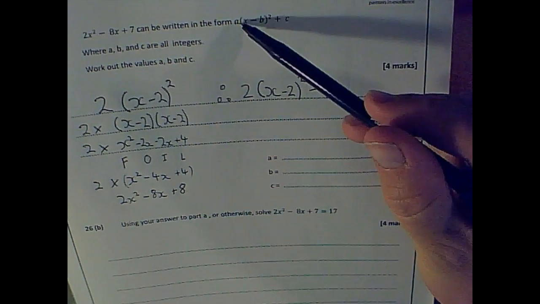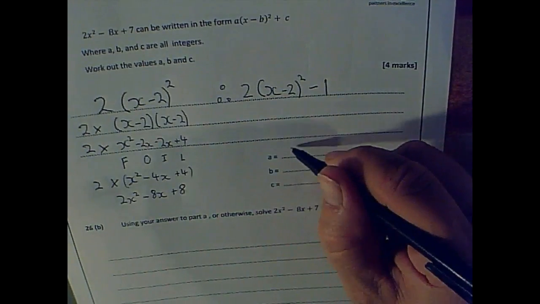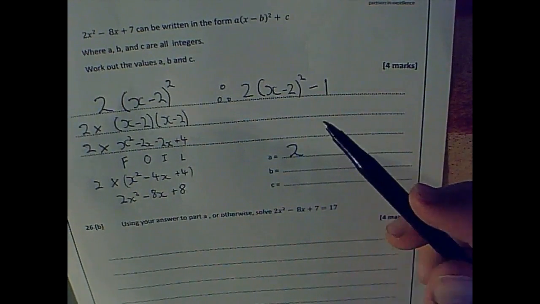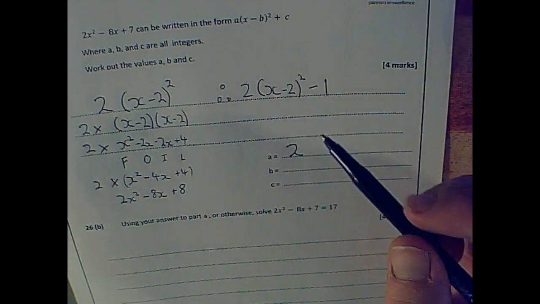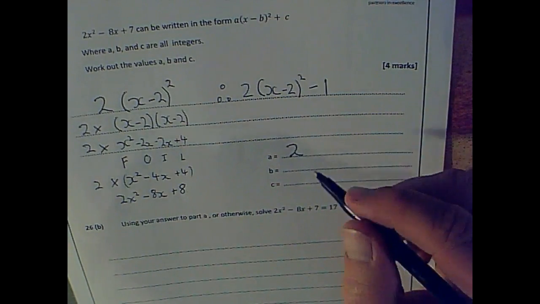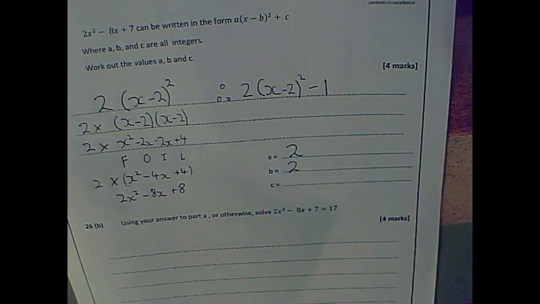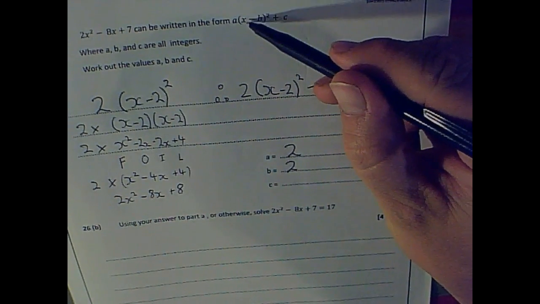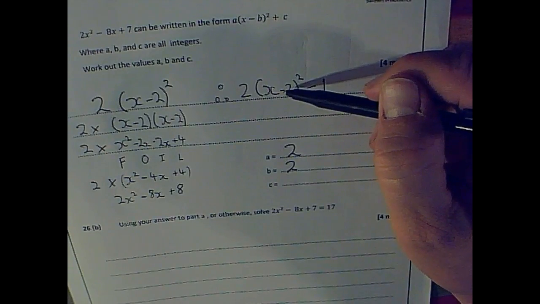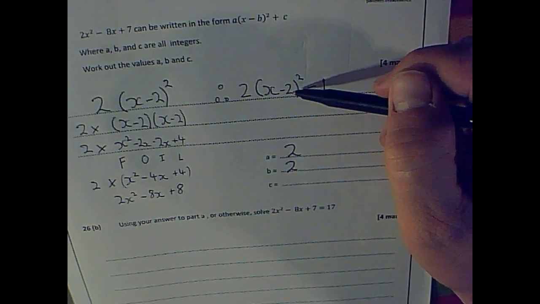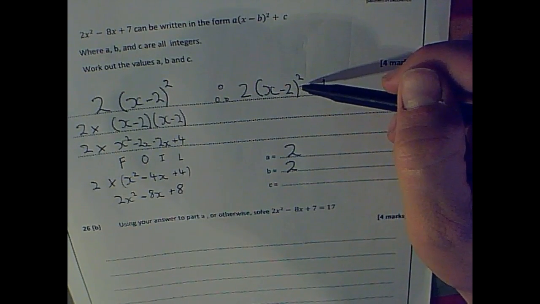So my value of a there is 2. My value of b there, careful, is 2. The reason it's not minus 2 is because the minus is given here, so that minus is already accounted for. So that is in fact 2.